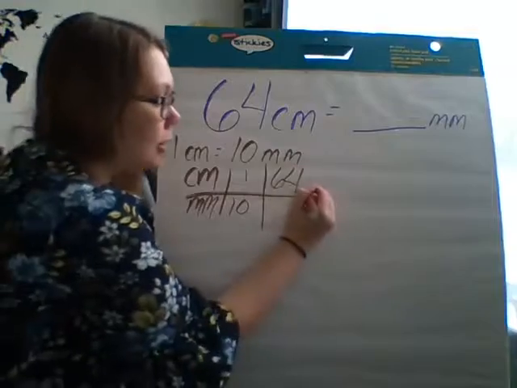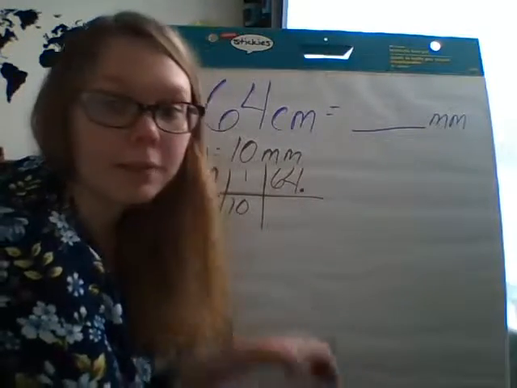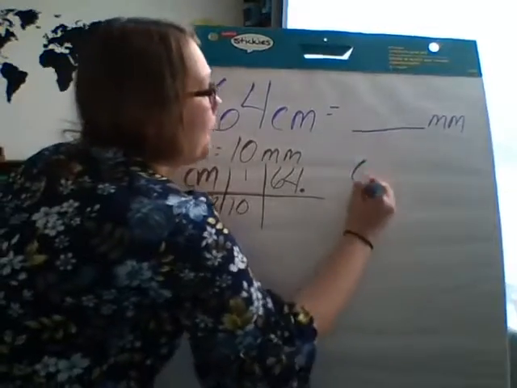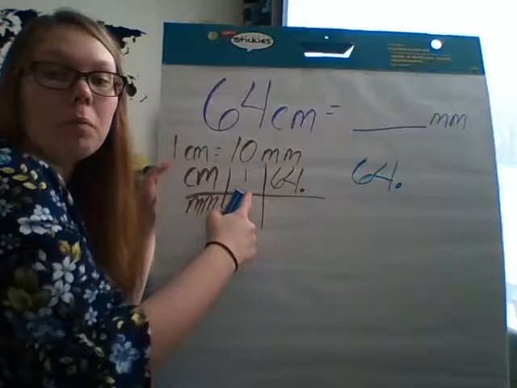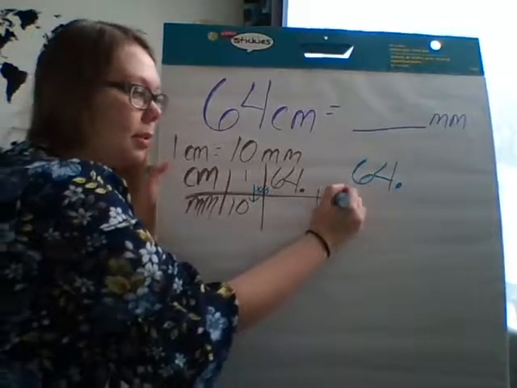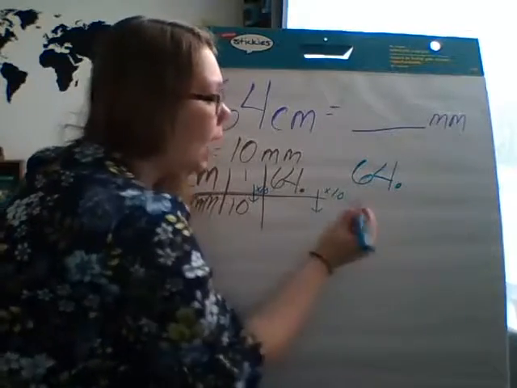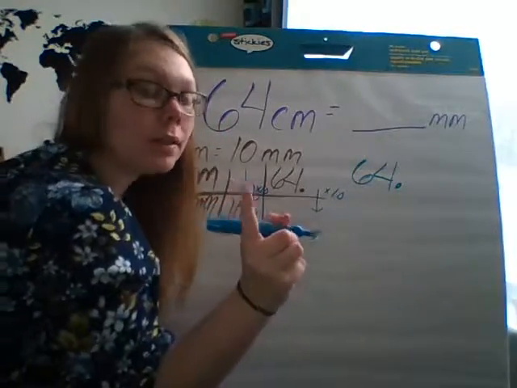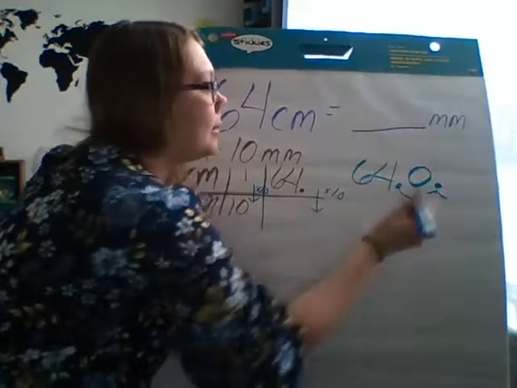So remember, secret decimal at the end of our 64. So over here we have 64. And if we see, we're going from 1 to 10, which is times 10. Multiplying means the decimal is going to move to the right, and 10 has 1 zero, so it's going to move to the right 1 time, add that 0.